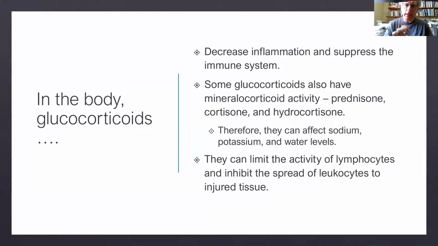So in the body, glucocorticoids will decrease inflammation. They suppress the immune response. They're very good for that. So they're used for inflammatory diseases like Crohn's disease, ulcerative colitis, rheumatoid arthritis, psoriasis, psoriatic arthritis, and systemic lupus erythematosus.